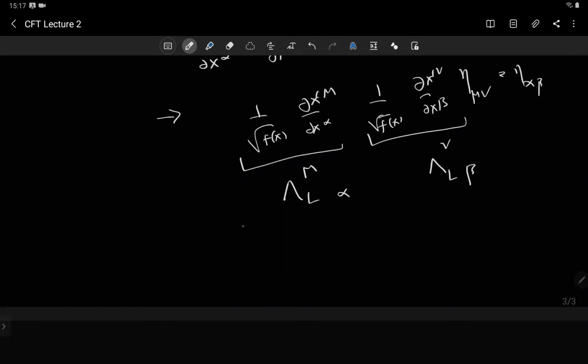So the general solution to this, of course now a function of x, will be del x'^mu del x^alpha equal to lambda L, a function of x^alpha, times a local function f of x.